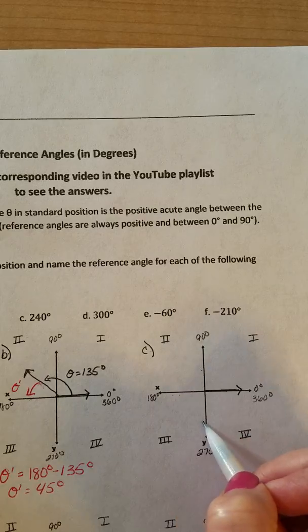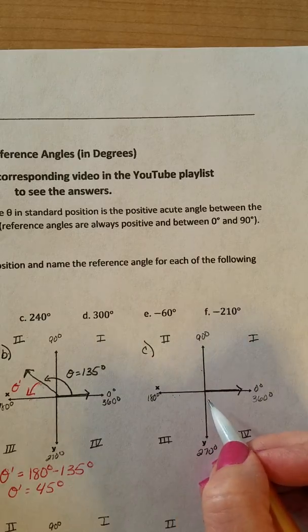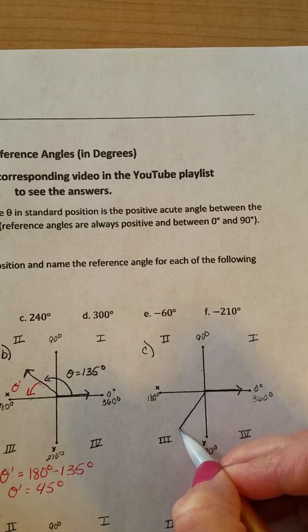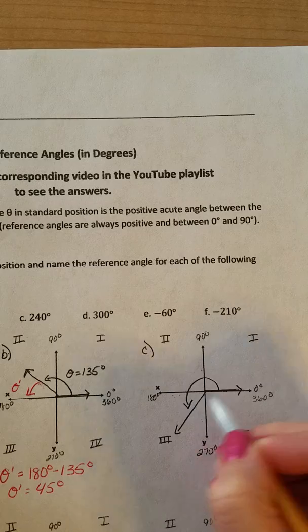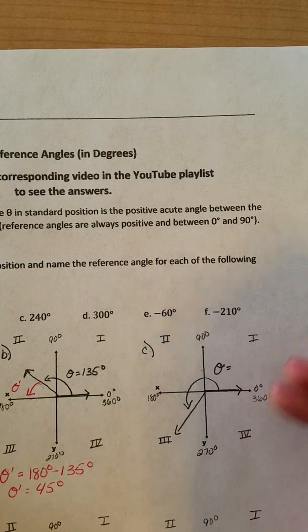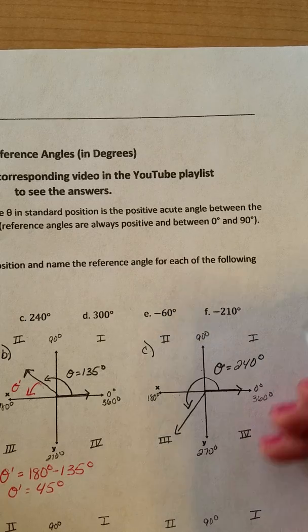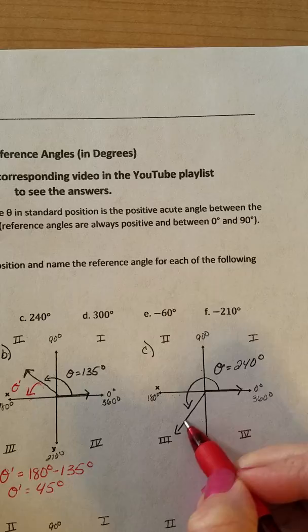So that means the terminal side of my angle, 240 degrees, is going to be in quadrant 3. Let's sketch it in. Here is angle theta. It's 240 degrees.